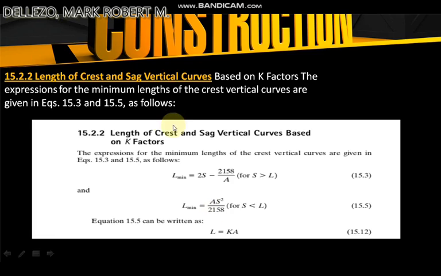So this is the length of crest and sag vertical curves based on the K factor. These are the equations 15.3 and 15.5. So these are the two types.